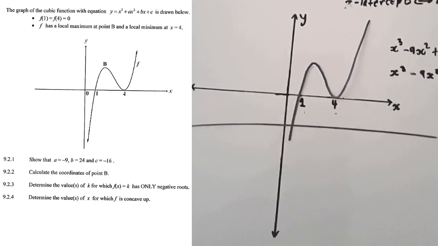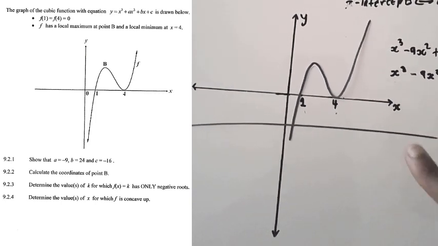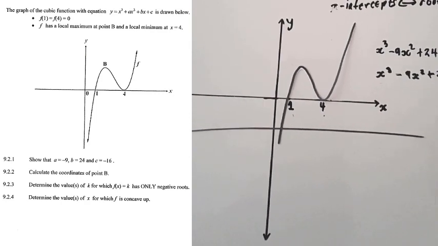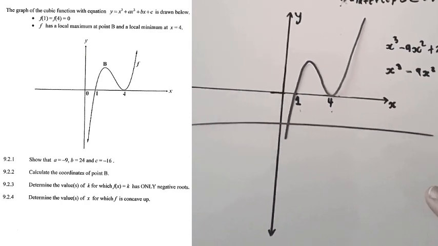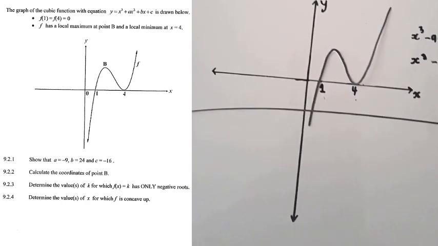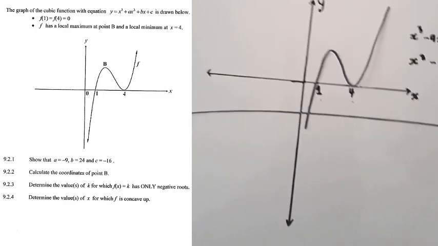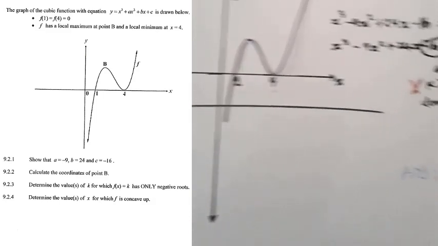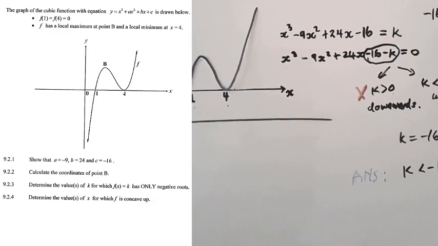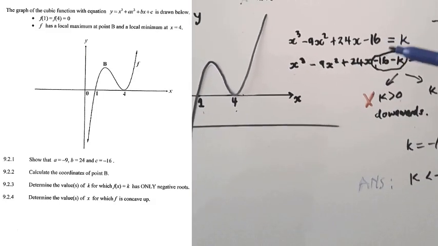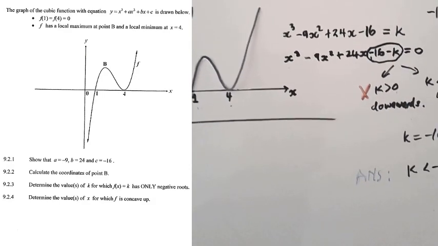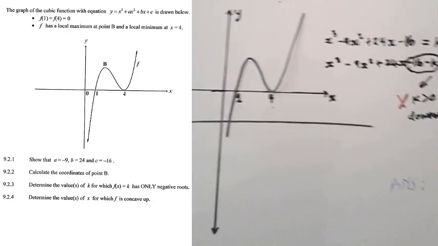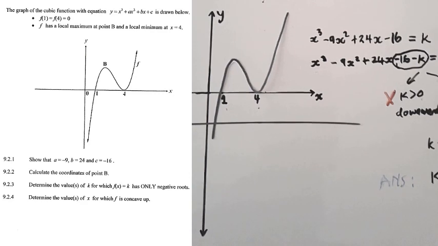This is the method that I would use. The important thing to note is that we are using different methods, graphical methods and other thinking solutions, because our function is a cubic function. It's not a quadratic. If it was a quadratic, then you could have easily solved this by using the discriminant.